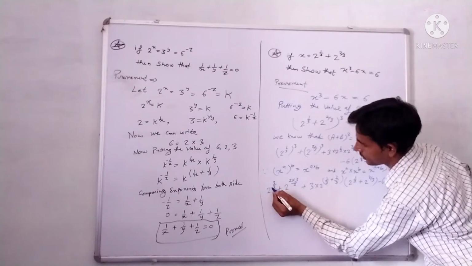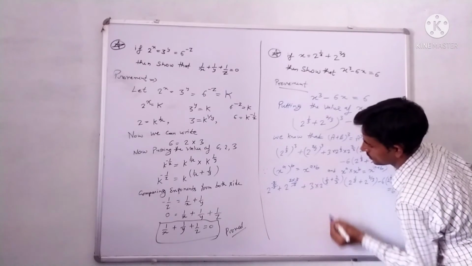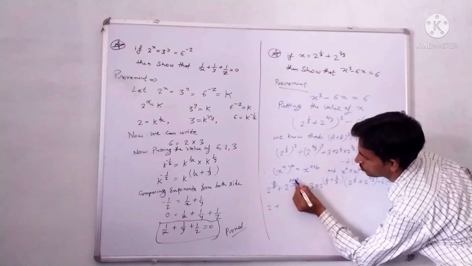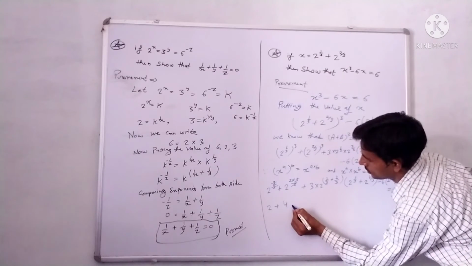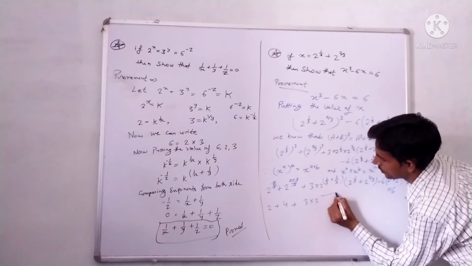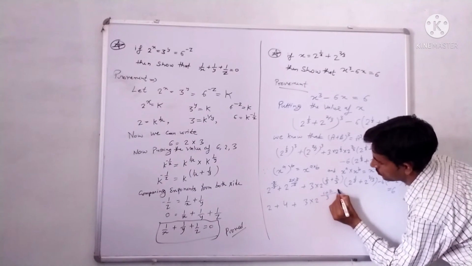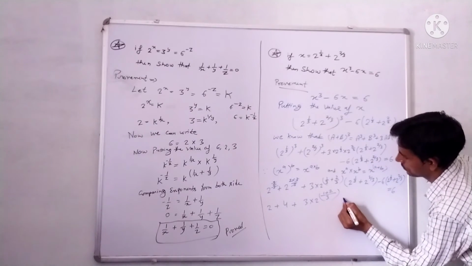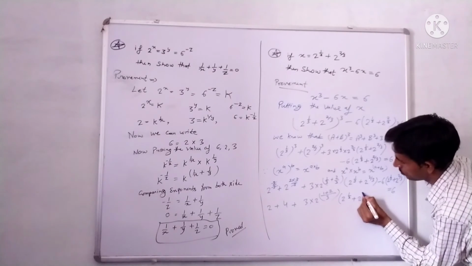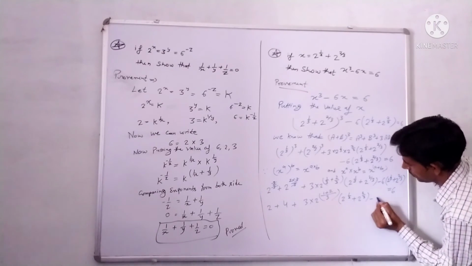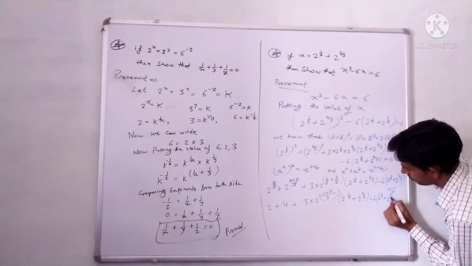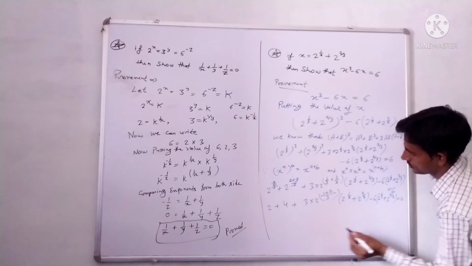Now we can cancel 3 from 3. That is 2^1, that is 2, plus 2^2, that is 4, plus 3 into 2, where the exponents are added, 1/3 plus 2/3, into (2^(1/3) + 2^(2/3)).